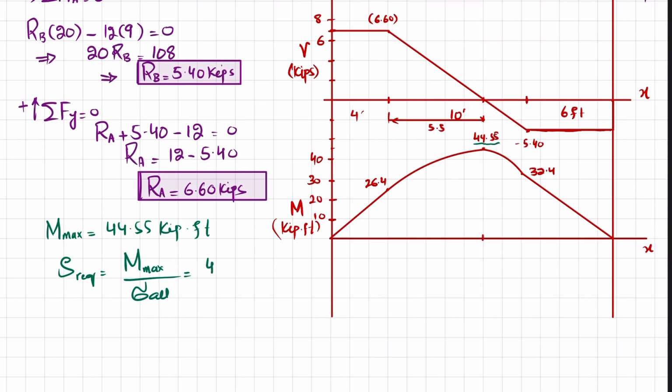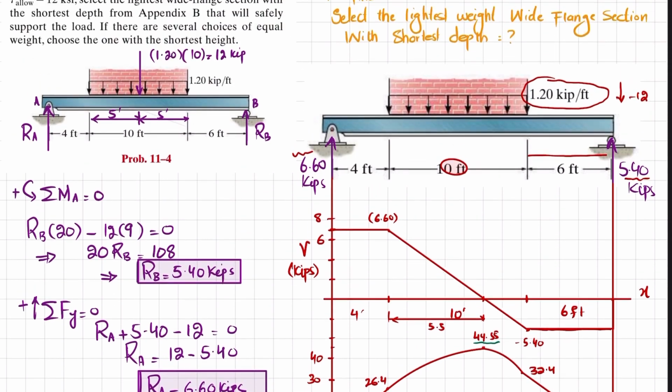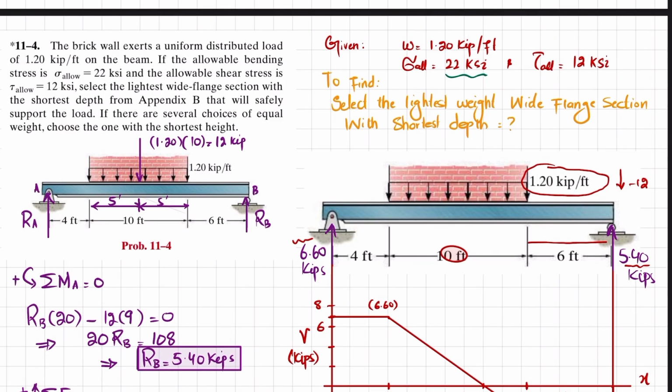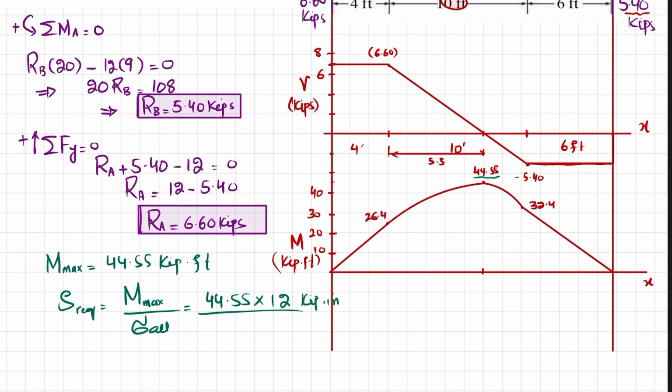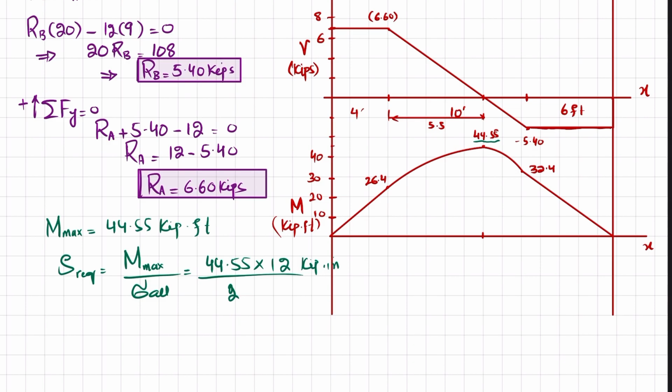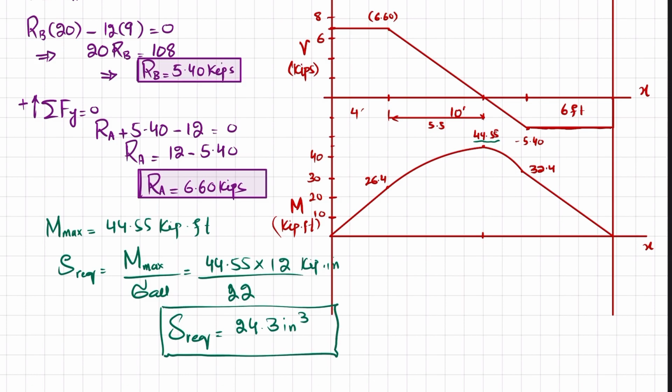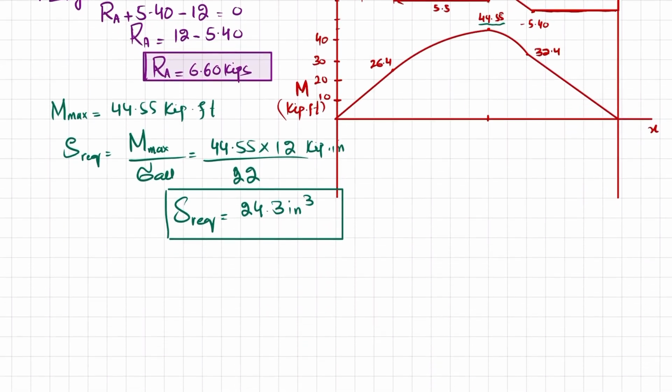So maximum bending moment is 44.55 kips into, I will convert it into inch, so it will be kips into inch, divided by allowable stress, that is given as 22 ksi. So 22, and you will get required section modulus comes out to be 24.3 cubic inch.